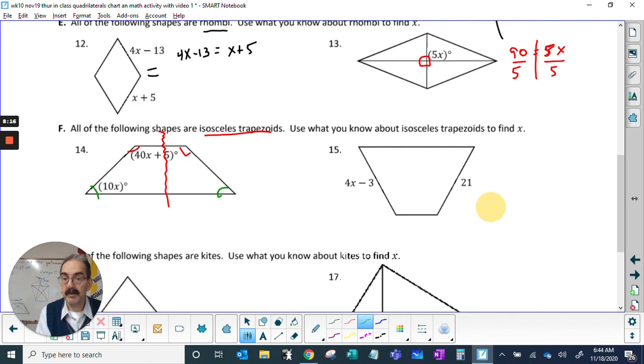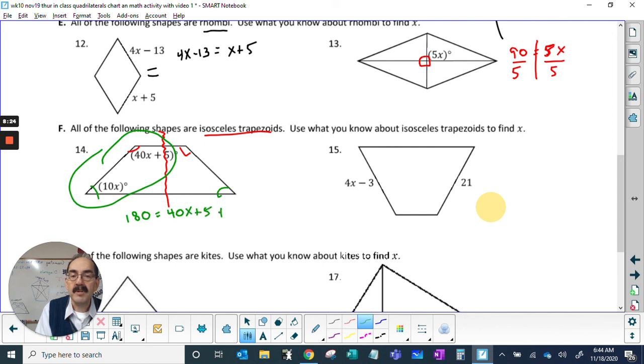So we split it down the middle. So now this whole side is 180. So 180 equals 40x plus 5 plus 10x. Okay? Draw your fence, solve.